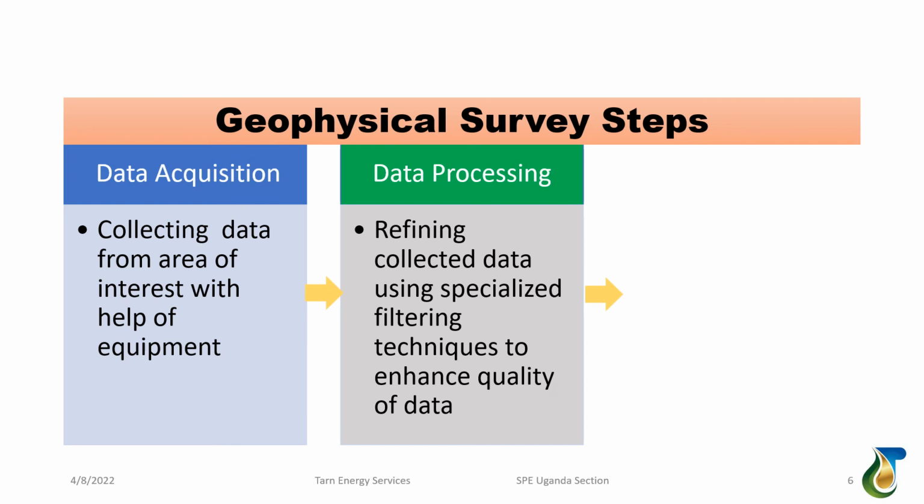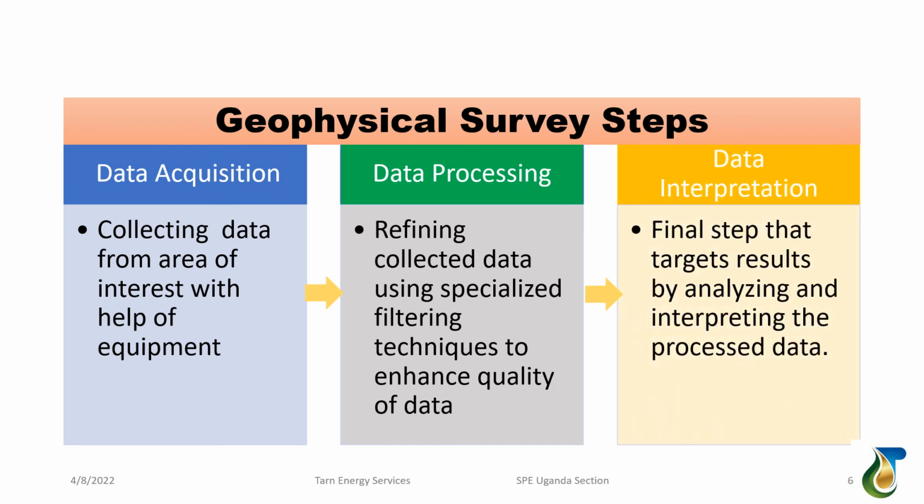After you acquire the data, with quality control and so on, you have to do data processing, where you refine the collected data. You do filtering and enhancements so that the data is good for the third step of the geophysical survey. If anything goes wrong in the data processing, we don't expect the interpretation to be good. The third step is data interpretation.